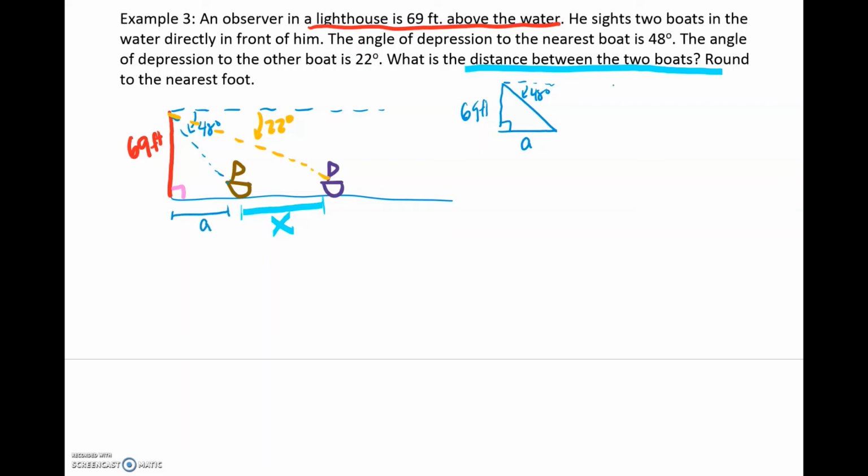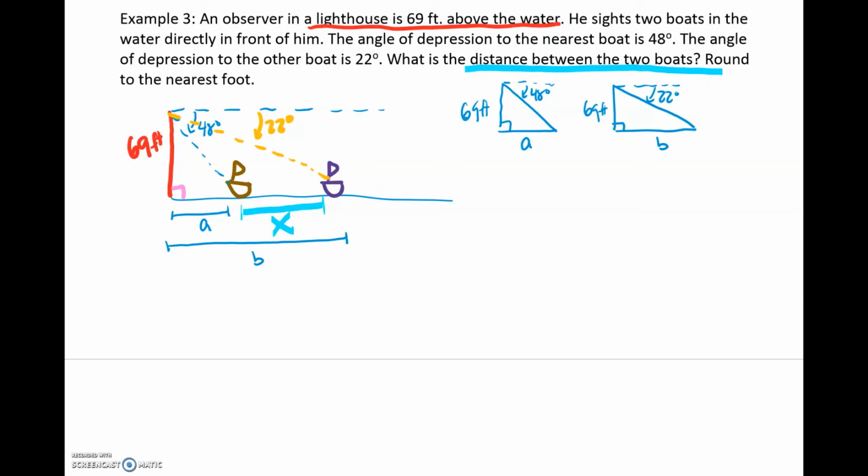Now, if we look at the larger triangle going to the second boat, this is still 69 feet. This angle of depression is 22 degrees, and we can call this length B. Now, where is B? Well, B is this distance, all the way from the lighthouse to the second boat.